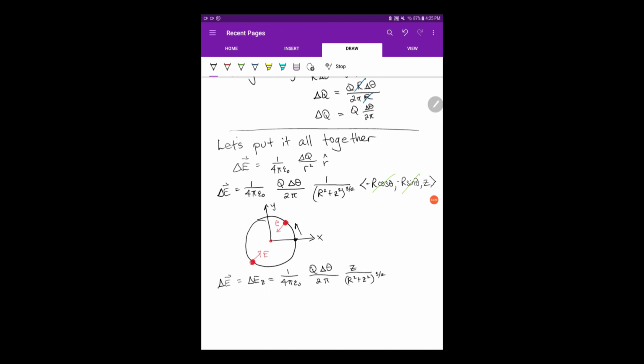So that just means that delta theta is going to be 2 pi, and that will cancel with the 2 pi in the denominator, so that when I add up all of my delta thetas, my total sum over delta E z, which sums to the total electric field, is just going to be 1 over 4 pi epsilon naught q z divided by r squared plus z squared to the 3/2.